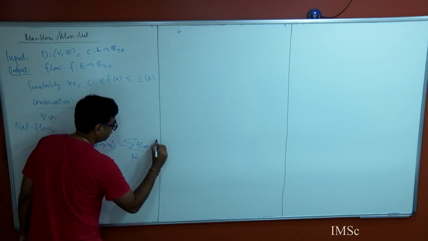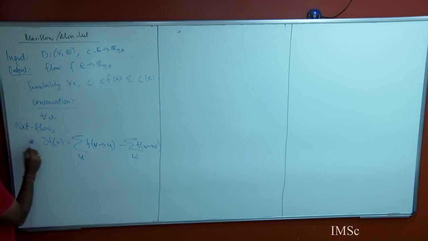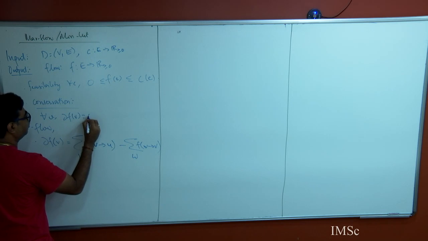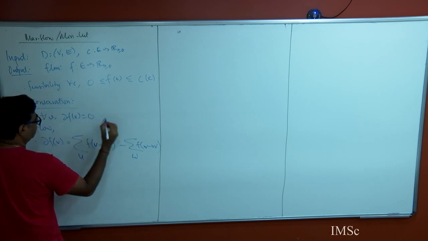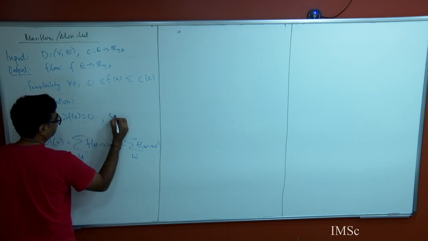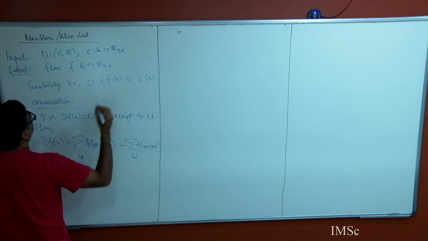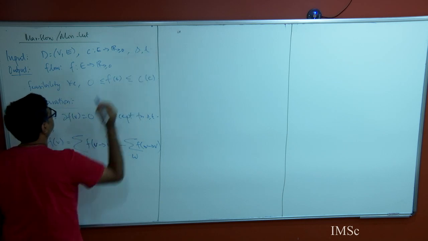So this was the net. So for all v, the net flow of f at v equals 0, except for s and t, if there is an s and t given to us.